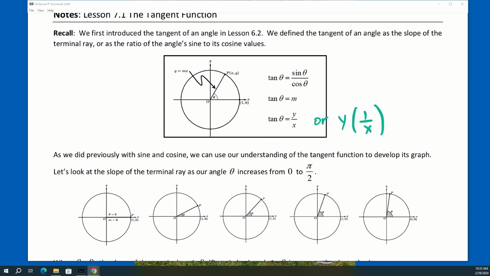And then as we go up, is that going to be a positive or a negative slope? Positive, and it's going to get steeper and steeper.